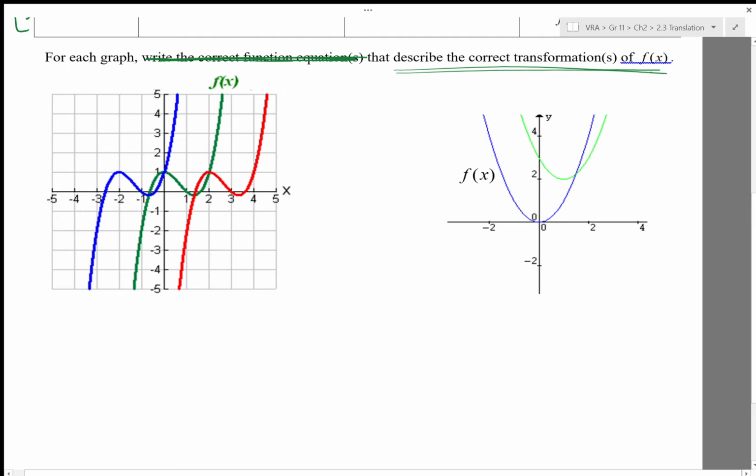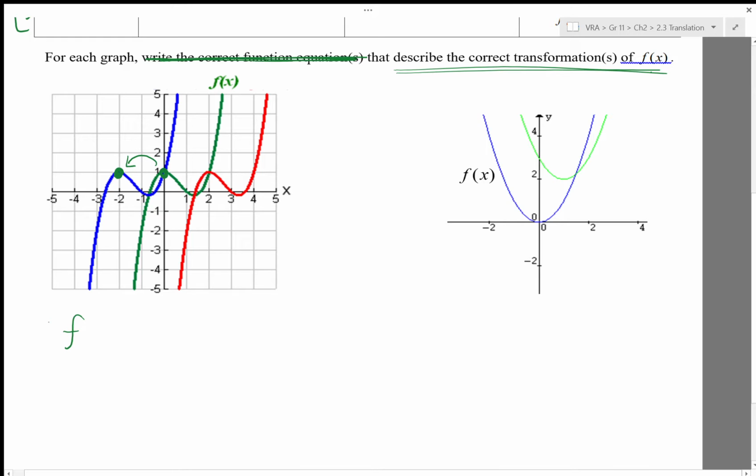If you take a look at it, in this kind of case where you look at the graph, all you have to do is choose just one point. So in this case, I'll choose this point, just a random point on the graph. Now on the blue, where that exact point happens is right here. So it shifts to the left by 2 units.